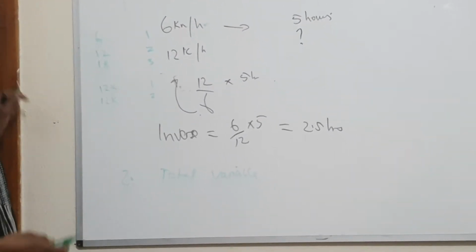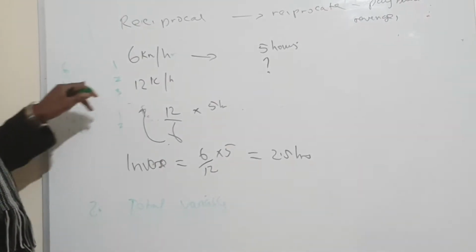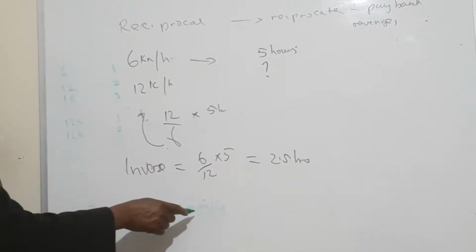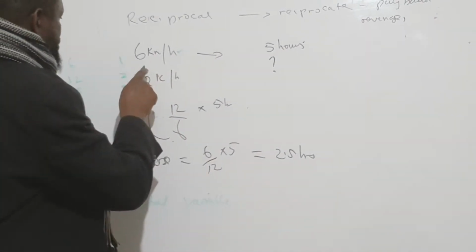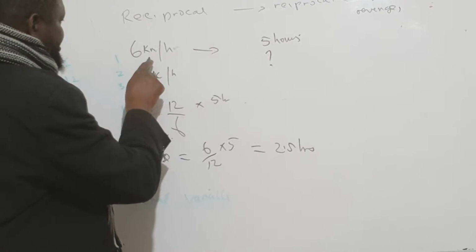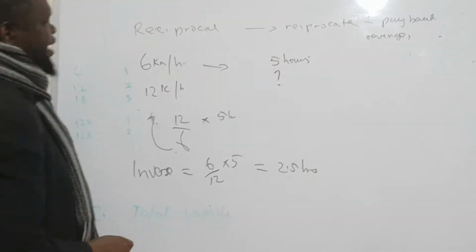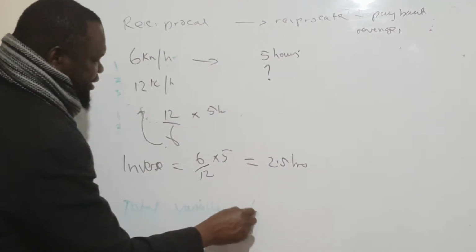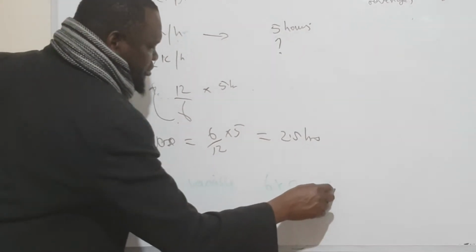So let's use the total. I demonstrated this so that we know how we get the total variable. If he traveled 6 kilometers per hour, how many kilometers would he have traveled in 5 hours? He would have traveled 6 times 5, equal to 30 kilometers.